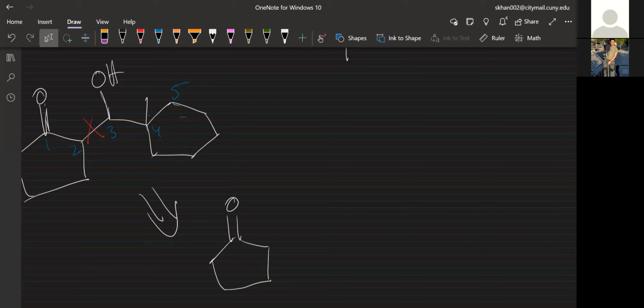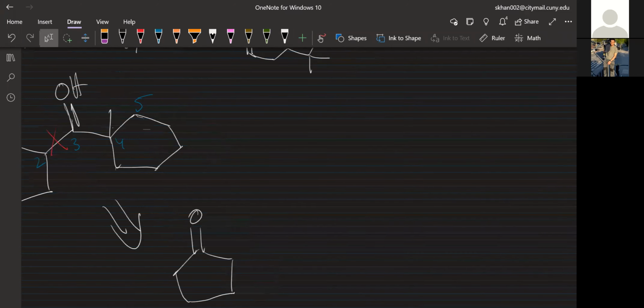Where 3 is. Think about what's attached to 3. Should be pretty straightforward. If this was our carbonyl, is this going to be an aldehyde or a ketone on this right side? So it's attached here. If we cleave this bond here, maybe it'll be easier to see. This here is removed.